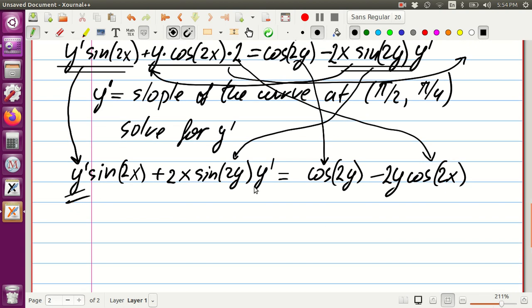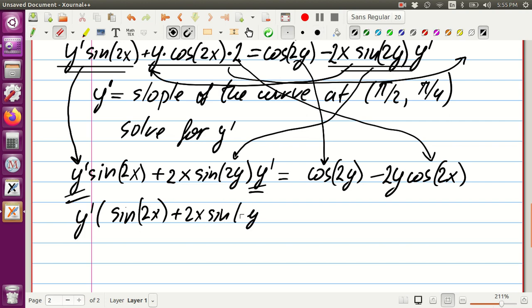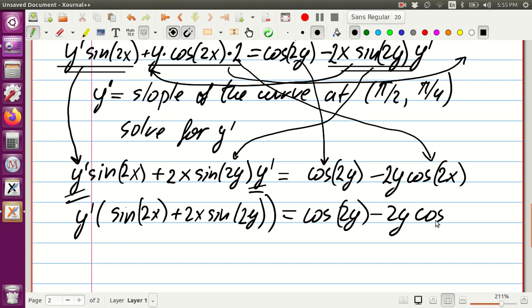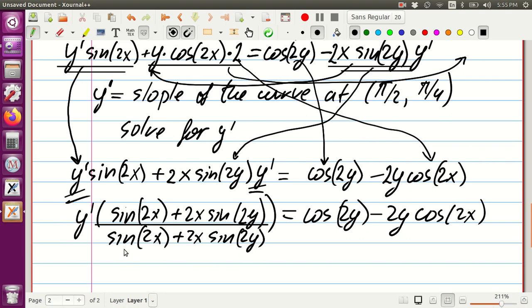So we have y prime, we factor it out, we're left with sine of 2x plus 2x sine of 2y equals cosine of 2y minus 2y cosine of 2x. Finally, we divide both sides by sine of 2x plus 2x sine of 2y.